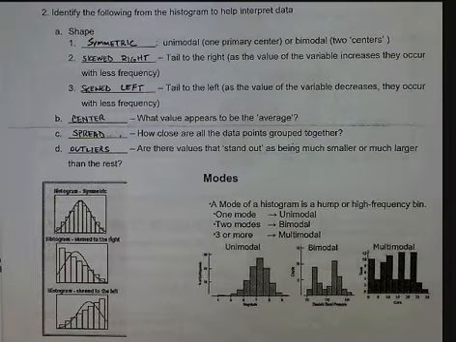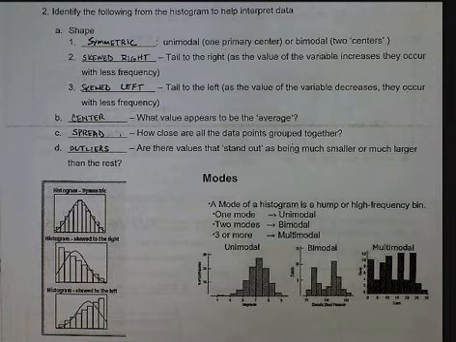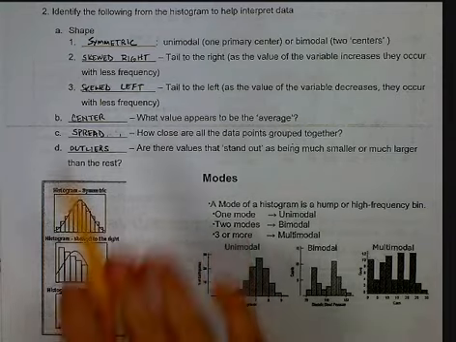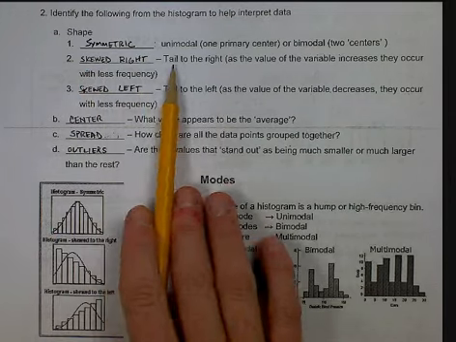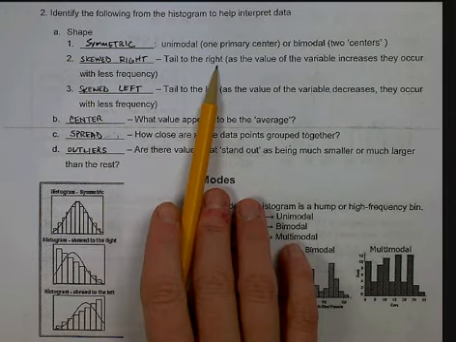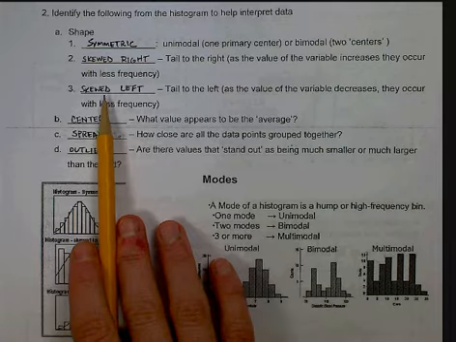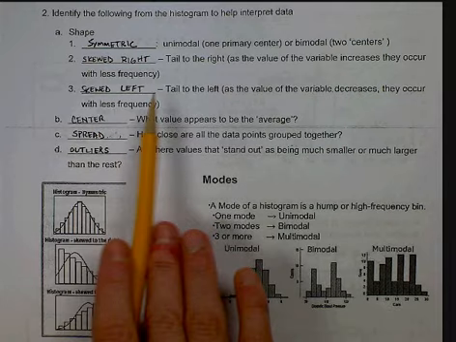Now, if you look on the bottom, we can see some examples of some different shapes. We'll talk about that in a moment. We can have skewed right. That means the tail is to the right. Most of the data would be on the left-hand side. We have seen an example of that. Skewed left. The tail is on the left.